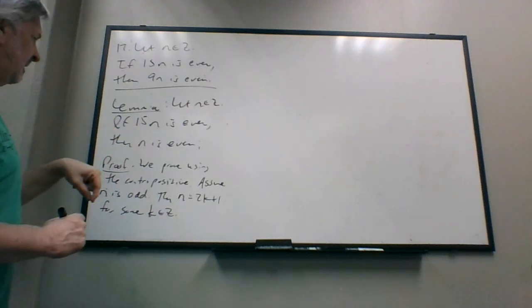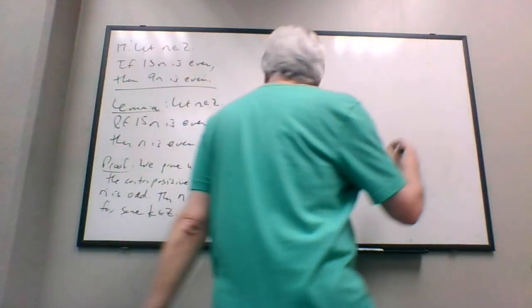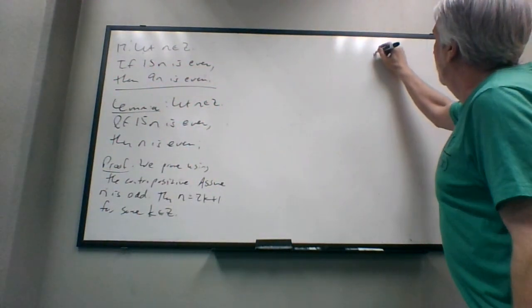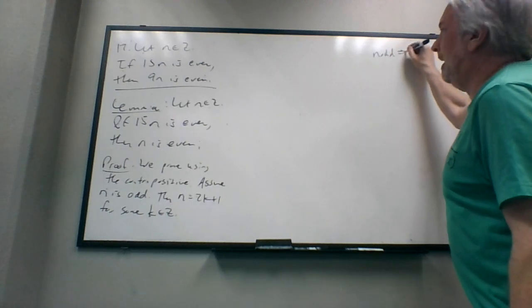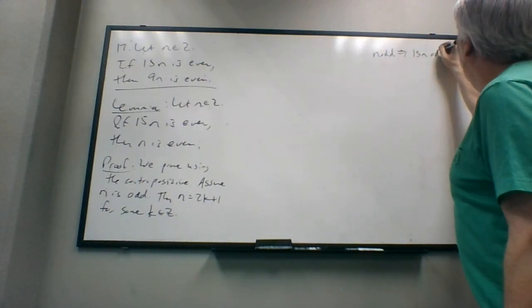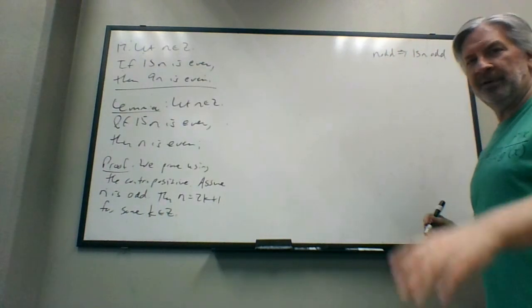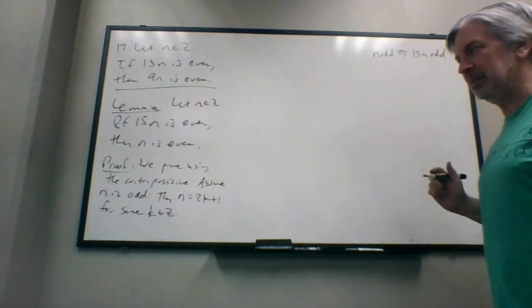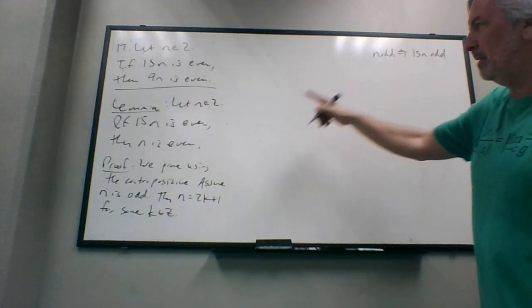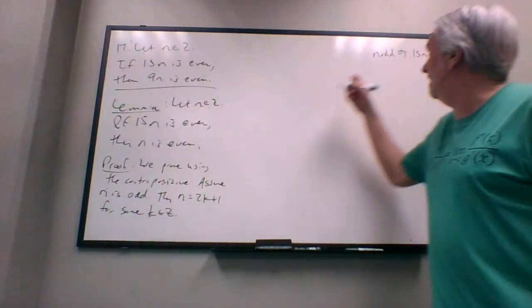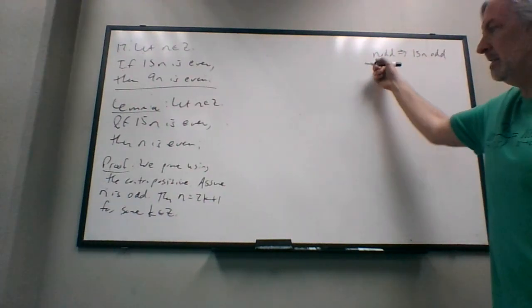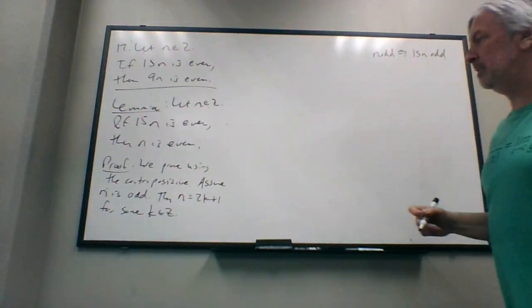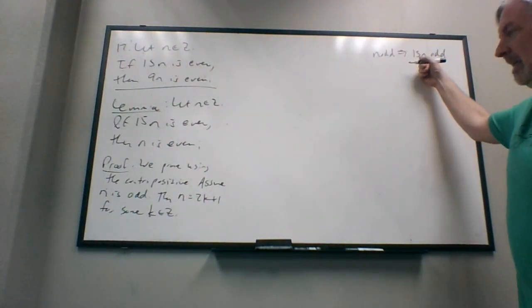I should have written this over here for me. I'm trying to show n odd implies 15n odd. I lost my train of thought because I didn't organize the information for myself. So on scratch paper, I'm writing the contrapositive: n is odd implies 15n is odd. I assumed n is odd, n is 2k plus 1 for some integer k. I'm trying to show 15n is odd.